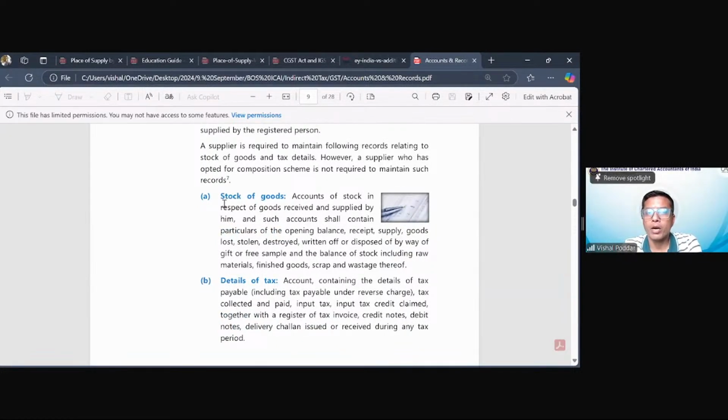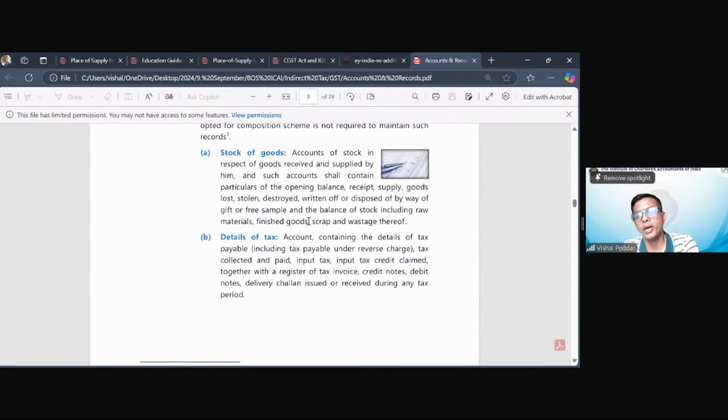First, account of stock in respect of goods received and supplied. Such account shall contain particulars of opening stock, receipt, supply, and goods lost, stolen, or destroyed. So it is nothing but like your stock register, maybe with additional columns for goods which are lost, destroyed, written off, given as free samples, or which have been in the form of waste or scrap.